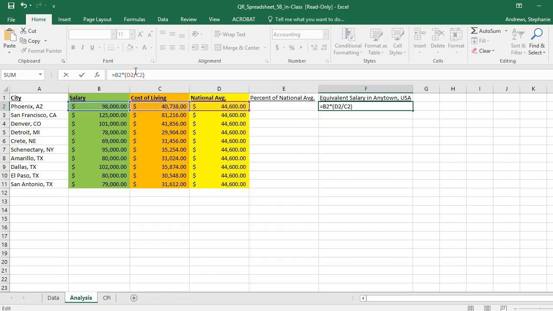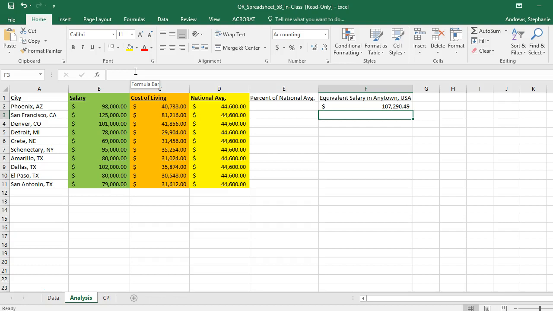I close this off, and when I hit return, if we've done it right, because we know that 107 was correct, I should see 107,000 sitting in F2. When I hit return, there's my $107,290.49.